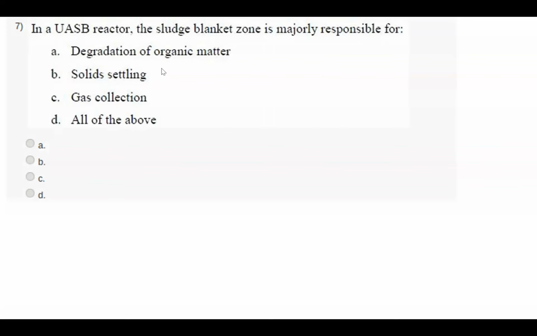This process happens across the whole system, and the sludge which is upward also forms more sludge. When the sludge becomes bigger and bigger, it will come down.